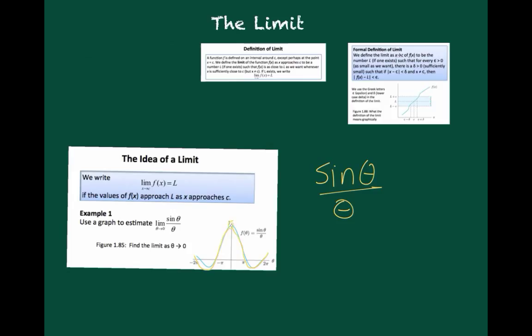But when theta equals 0, we see that it creates a problem for sine theta over theta, because f of 0 does not exist, because that would create a 0 in the denominator. Nevertheless, the limit as theta approaches 0 of the function sine theta over theta does exist, and that limit is 1. So here's an example when the limit does not equal the value of the function, because the value of the function does not exist there.